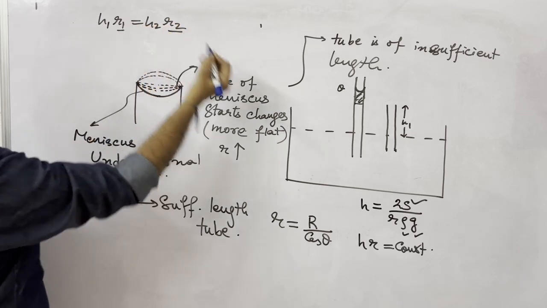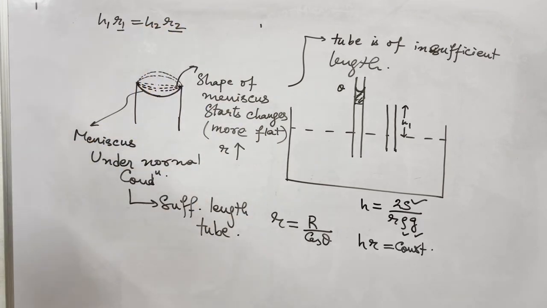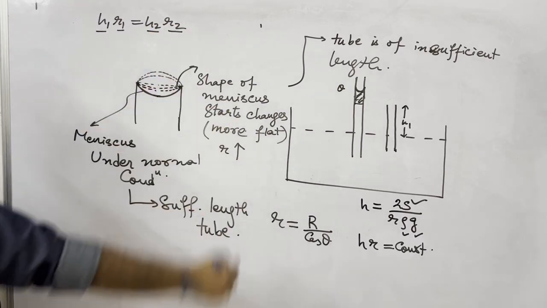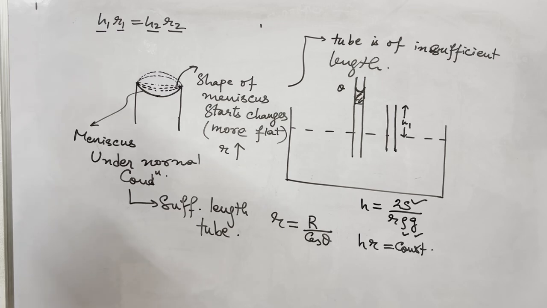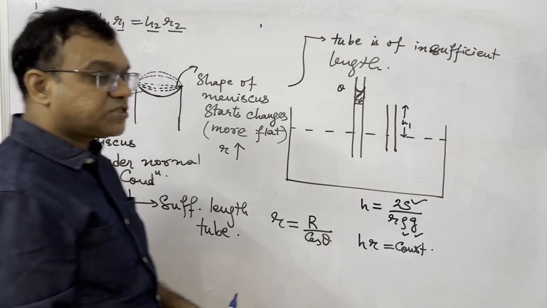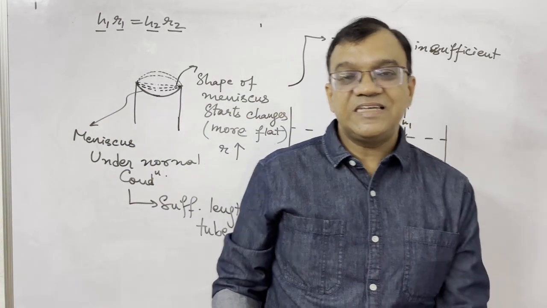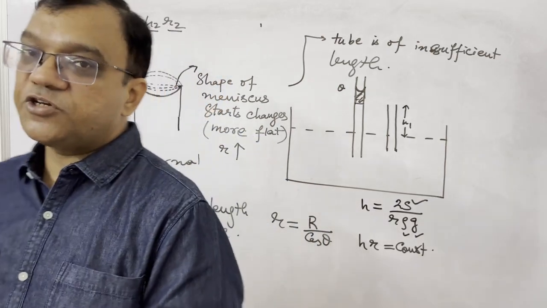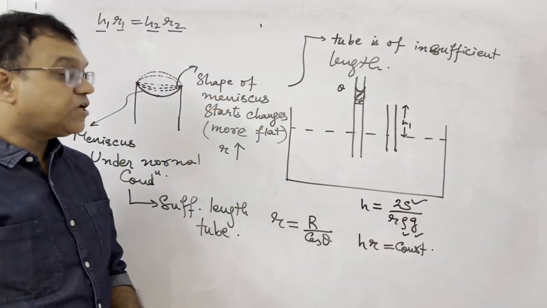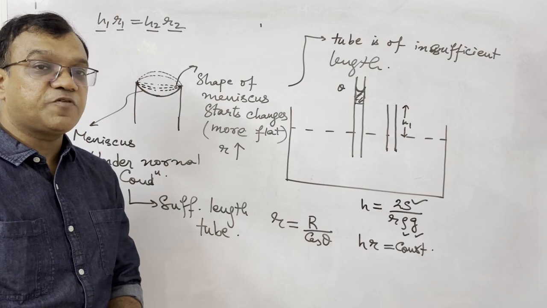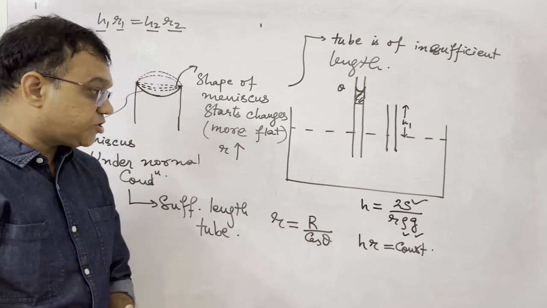Here these are the radii of the meniscus, and these are the heights of the liquid in the tube, or you can say the length of the tube column. This is about the tube of insufficient length. When the tube is of insufficient length, liquid does not come out, rather the shape of the meniscus will change. Right?